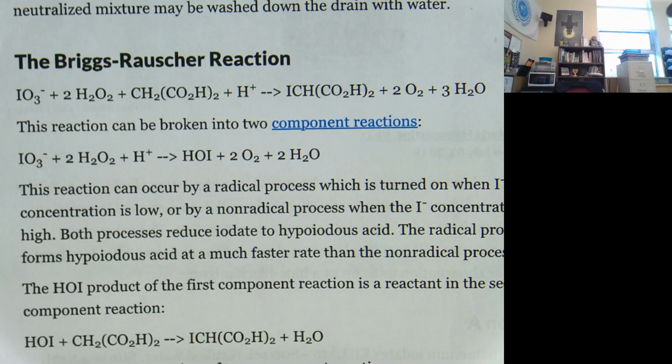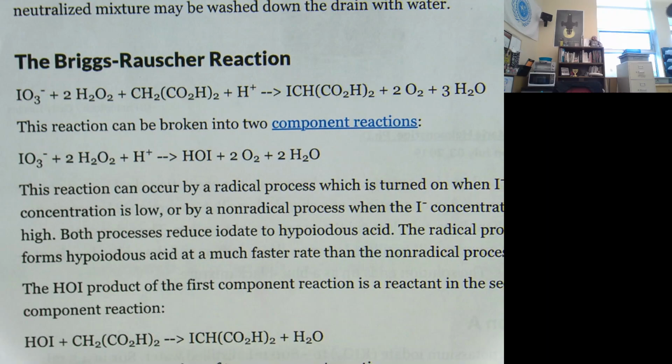Iodine and hydroxide. That's actually not what it's called. Another name for it is hypoiodous acid. That's an acid. Oxygen gas and water.